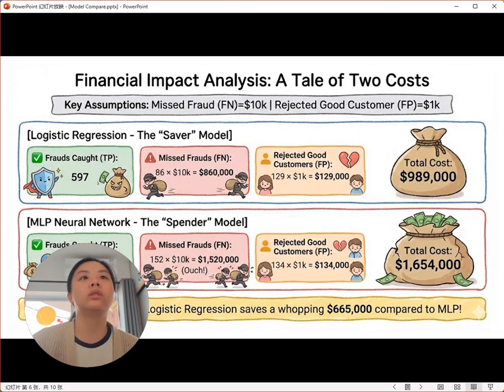For the results, we can see the total cost of logistic regression is lower than the MLP ones. We can save lots of money by using logistic regression.